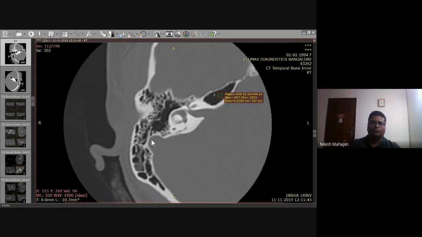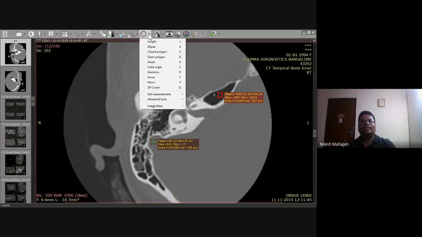While soft tissue like this sigmoid sinus, it is showing 59. Then some other soft tissue is there. If it is too small, it will not be that reliable because it will get hampered from the surrounding black and white areas. So if the structure is big, that is more reliable. So this Hounsfield unit you can see if you have the CD of the scan using this ellipse function.